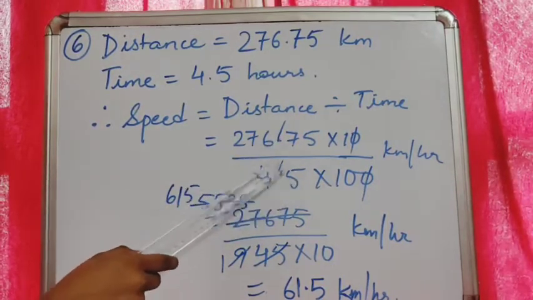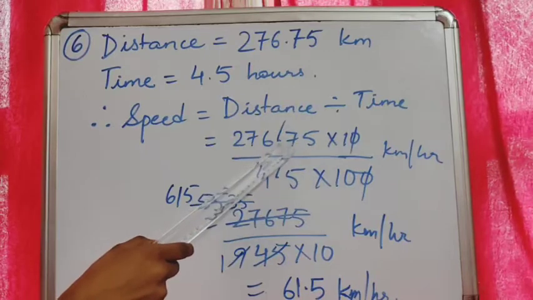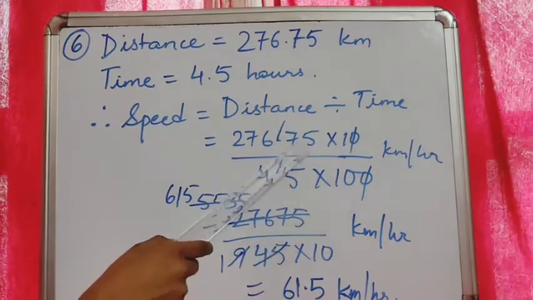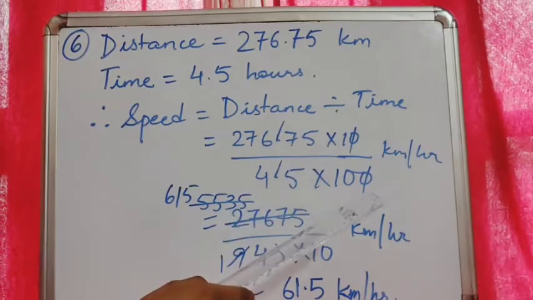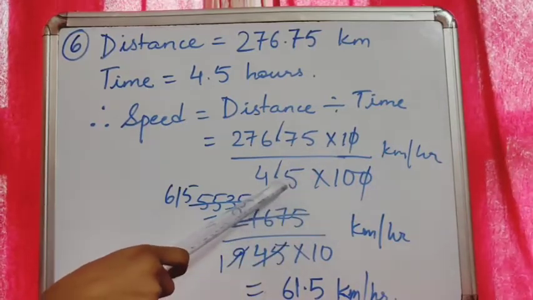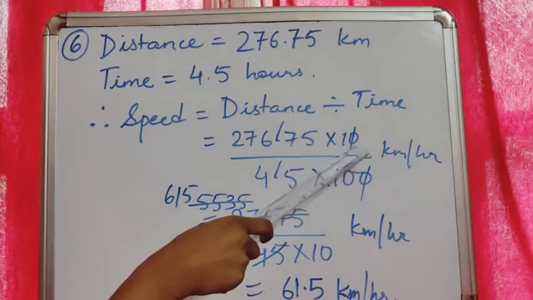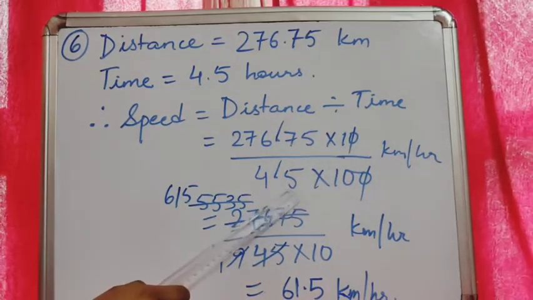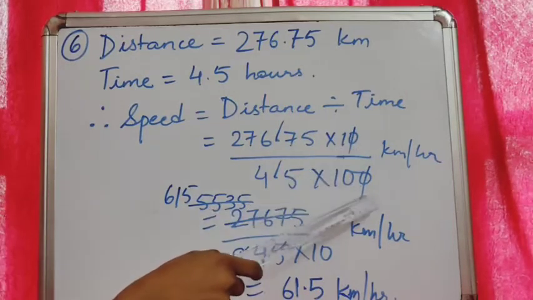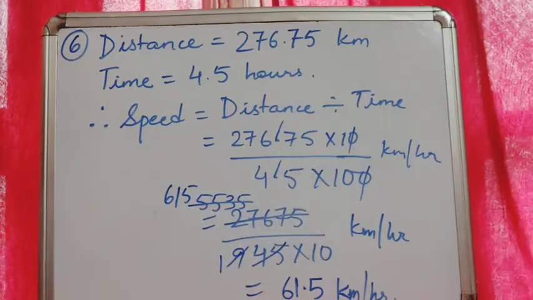Again both of these are decimal numbers. So you remove this decimal point and you write here into 100 because there are two digits after the decimal point, and you remove this decimal point and you write into 100 into 10 in the numerator because there is one digit here, and we can cancel 10 both from the numerator and denominator.